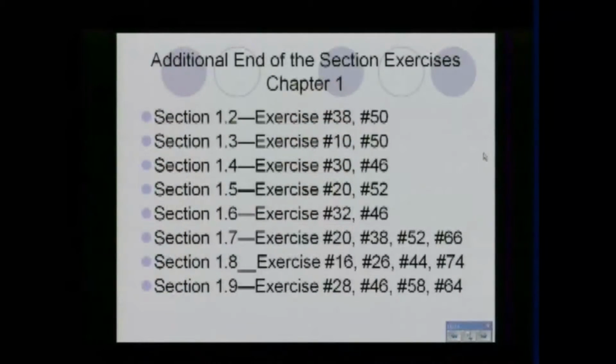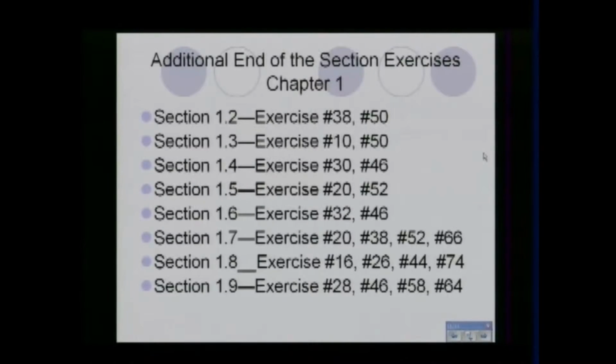With the other CDs and the DVDs we have, I think we cover all typical problems that you would face at the end of each section. If you look at the slide here, these are the problems from each section we are going to do.